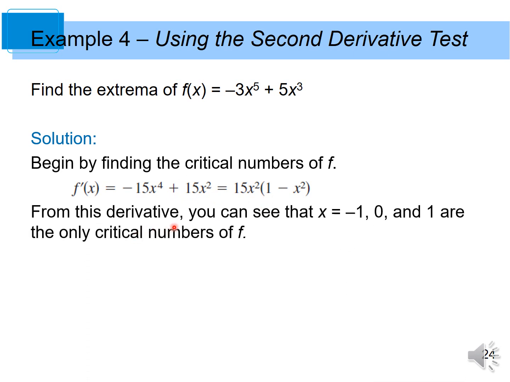From this derivative, you can see that x equals negative 1, 0, and 1 are the only critical numbers of f. We let the first derivative function equal to 0, and we solve for x. Then we have these three critical numbers: negative 1, 0, and 1.